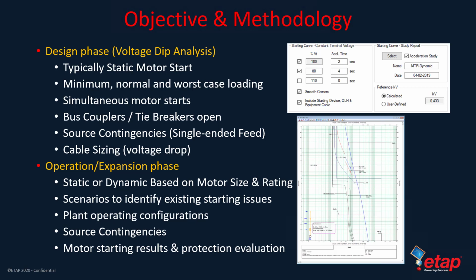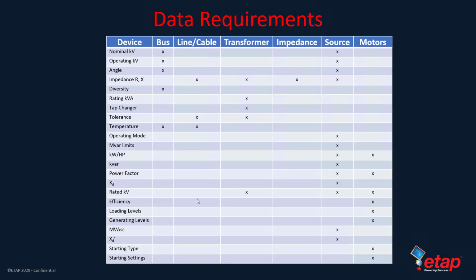However, for operation and expansion phase, we would be using the scenarios to identify existing starting issues, for plant operating configurations, for setting protected device settings, as well as investigating any type of nuisance trip on protected devices. Let's go over data requirements for performing motor acceleration.